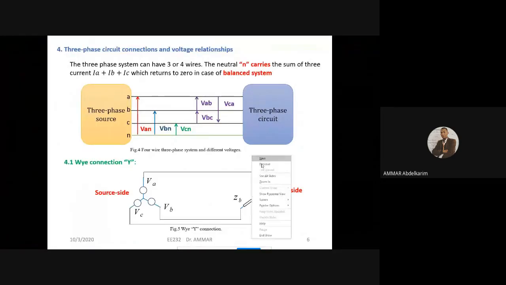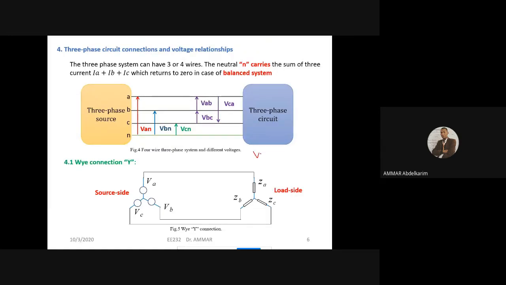So let's repeat again. To determine the phase-to-phase voltages, we have VAB equals VAN, which means A phase to neutral or to ground, minus VBN. Then VBC equals VBN minus VCN. And VCA here is in the other direction.